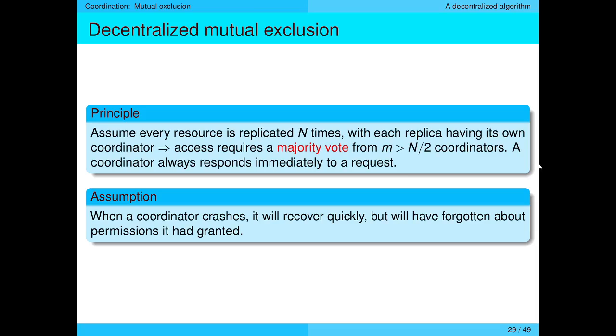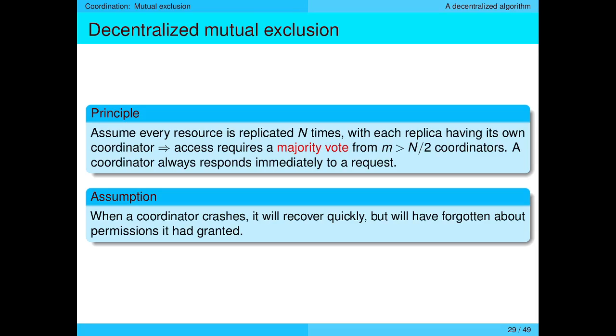Now there is something called decentralized mutual exclusion. Assume every resource is replicated n times, with each replica having its own coordinator.